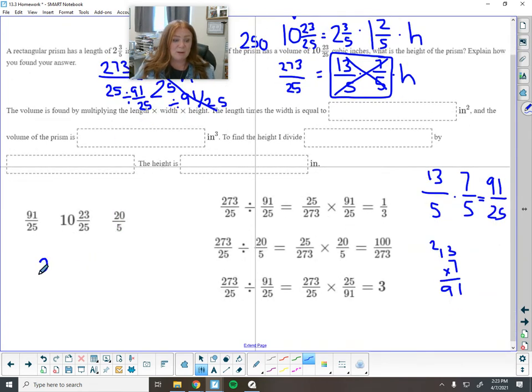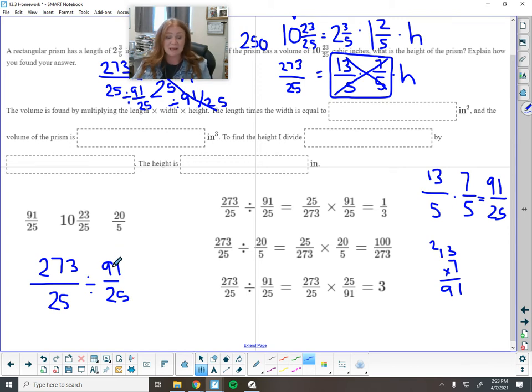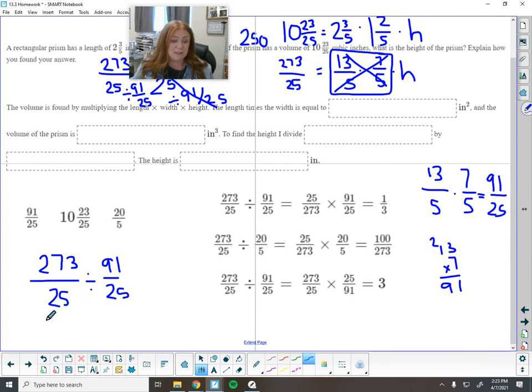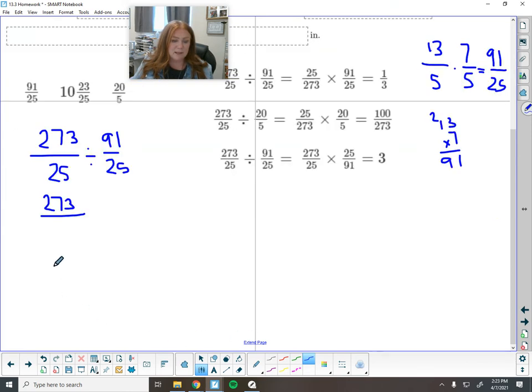So our new problem is 273 over 25 divided by 91/25. This is our total, so it needs to go in the front. We divided by 91/25, so that needs to go in the back. So now we're going to copy, dot, and flop here.